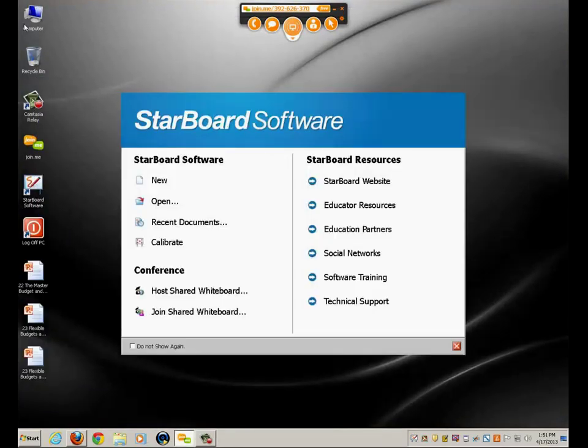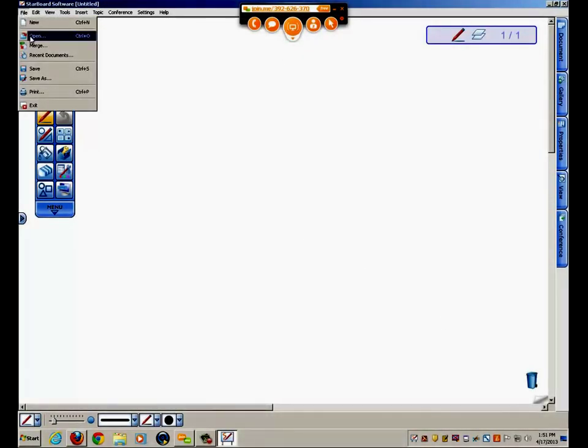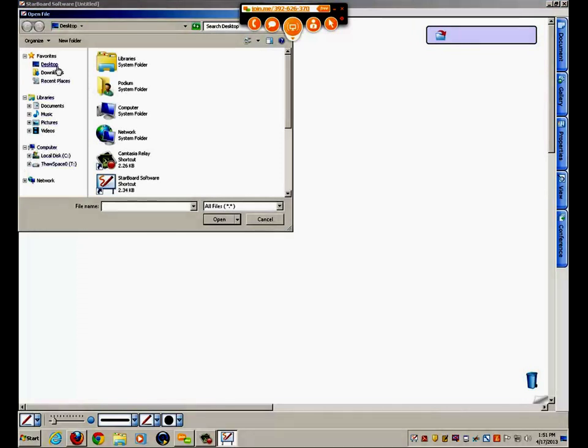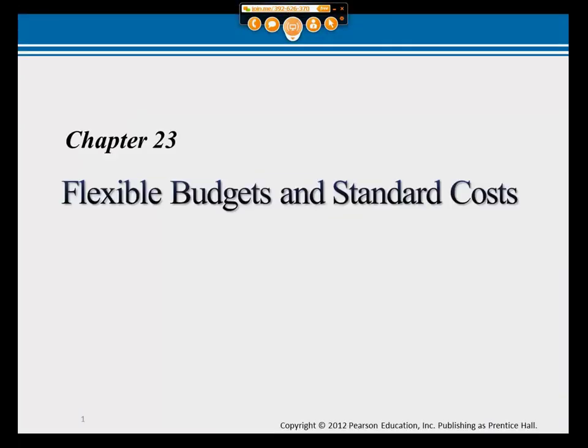Okay, so chapter 23 is your flexible budget and standard costs. What we're going to try to do here is explain flexible budgets and standard costs.